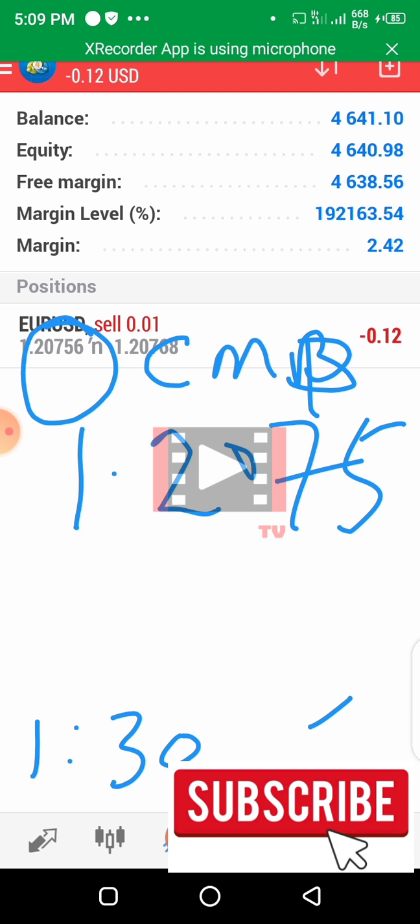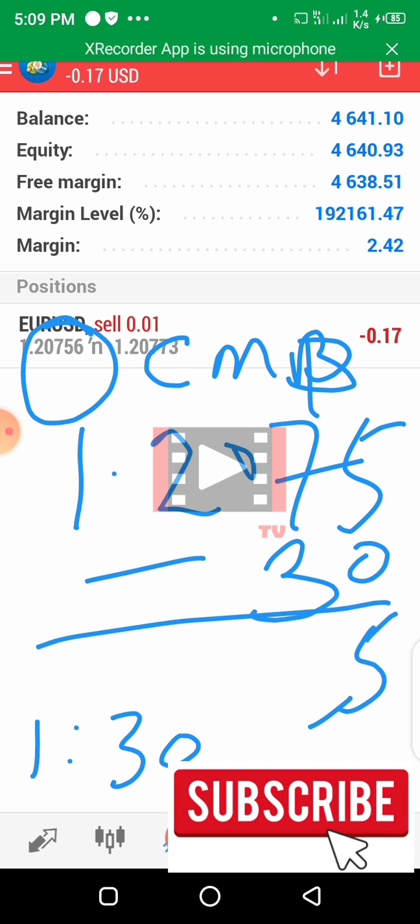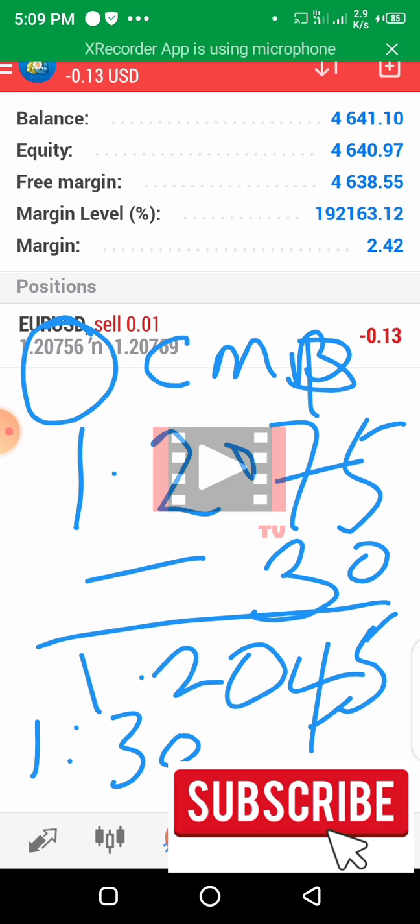Our target is 30 pips, so we say 30 and we do minus. You calculate: you have 5, you have 0, you have 2, then you have 1. So our take profit will now be 1.2045. That's our take profit.